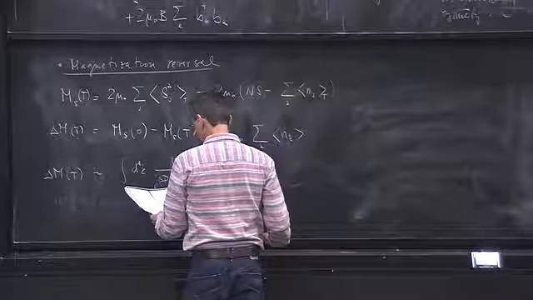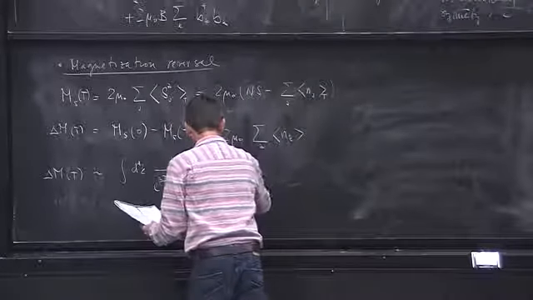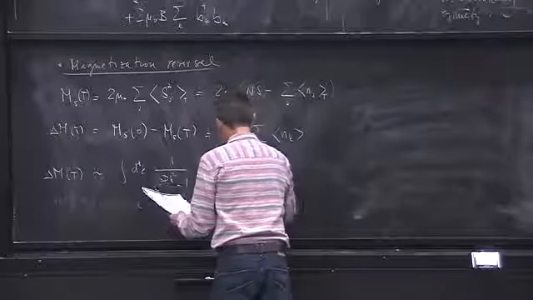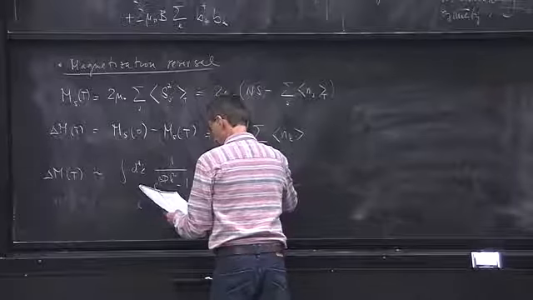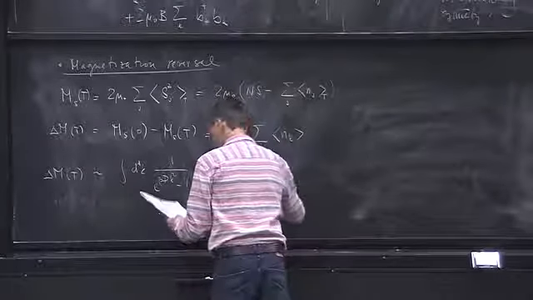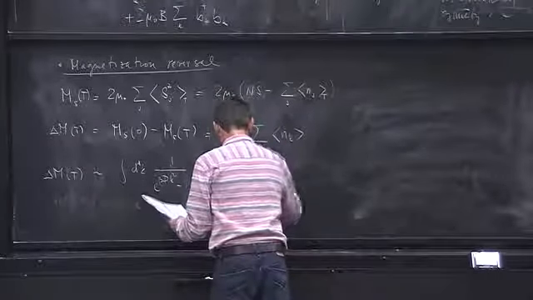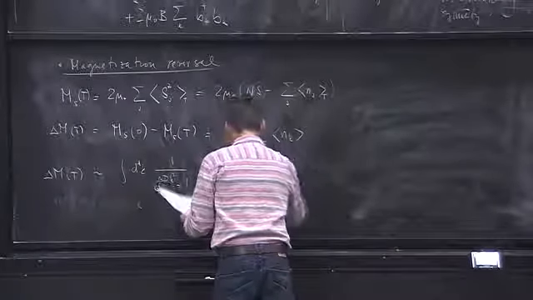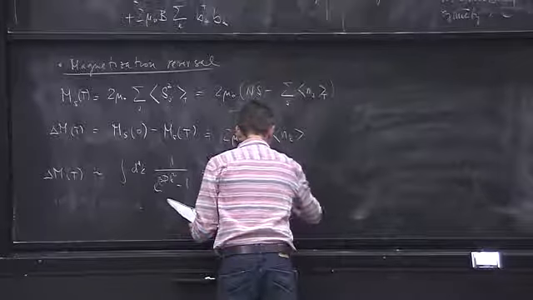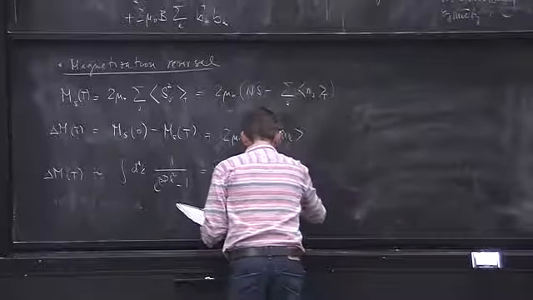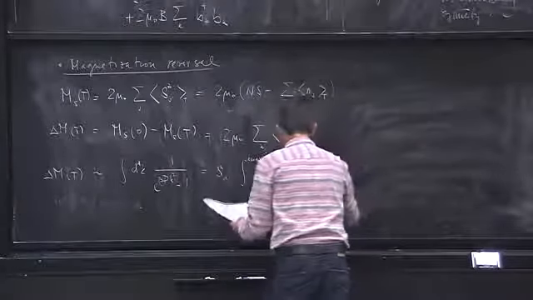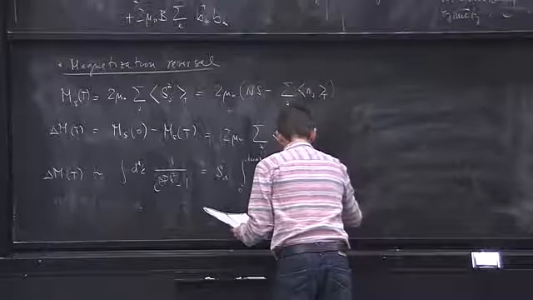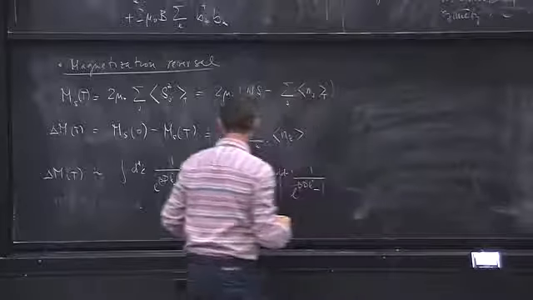I can do the volume element, and then the integral is from 0 to some k max of dk k^(d-1) over e^(beta D k^2) minus 1.